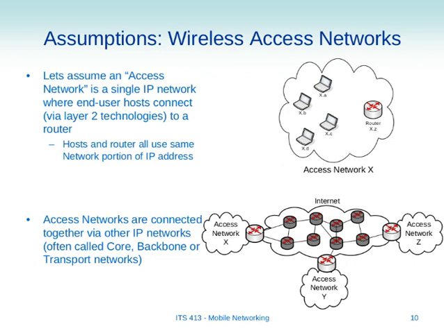So we don't care at this point how these hosts connect to the router. It can be via Wi-Fi, it can be via 3G, any technology. We don't care for this discussion. And our rules are, and these are just normal rules of IP addressing and IP networking, all devices inside one subnet must have the same network portion in their IP address.